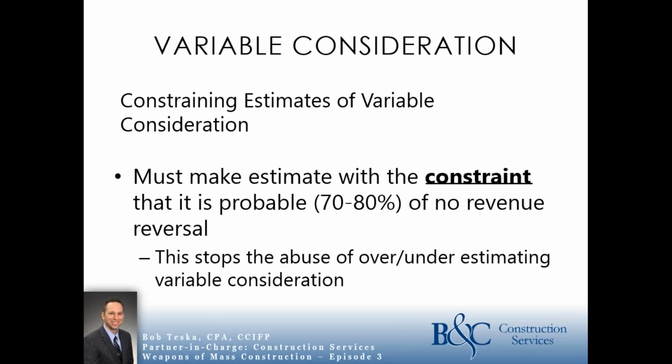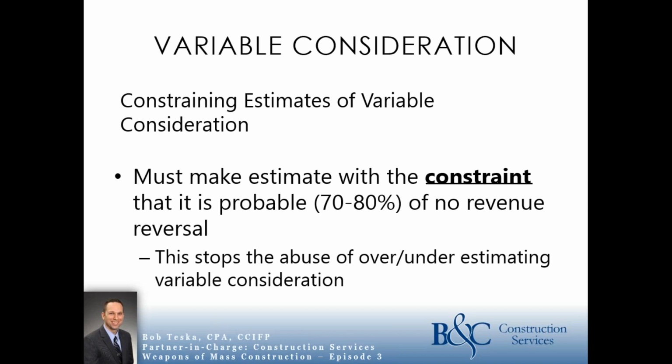So at the outset of a contract, if there's a performance bonus for, say, $1 million if you finish in a certain amount of time, you can only start to include that in your revenue recognition if you're 70 to 80% certain that by the end of the contract, you're not going to have to reverse that.